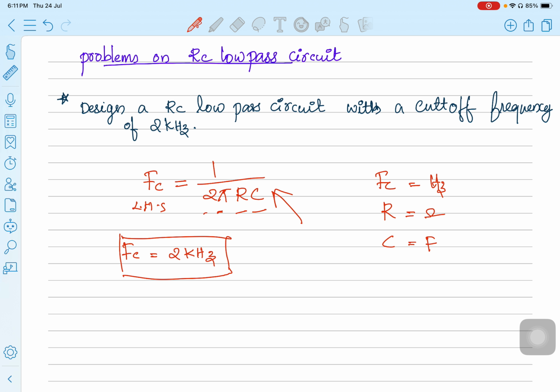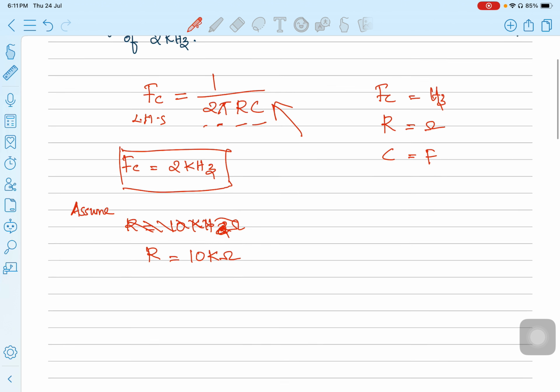I am going to assume R is equal to 10 kilo ohm.